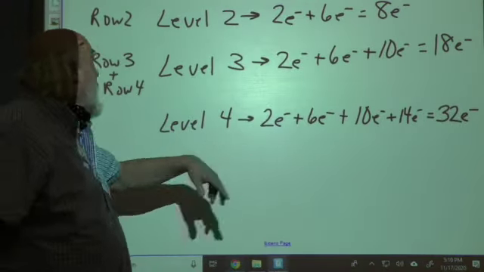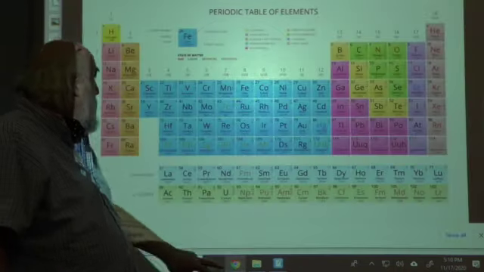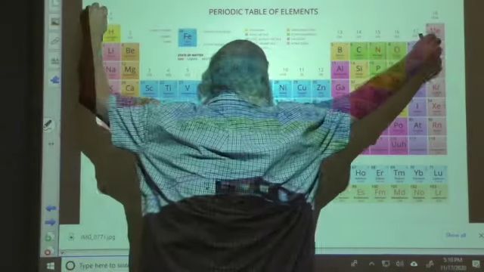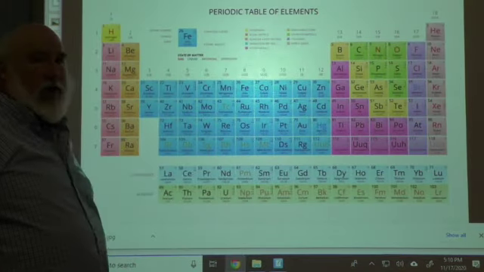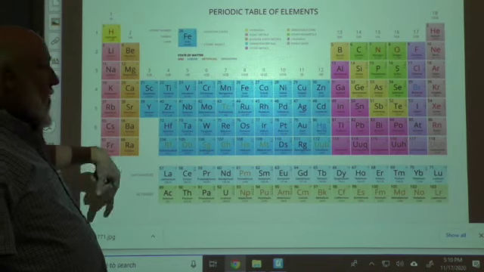Well, we know where the 2 is. The 2 is these first 2 columns right here, except for the first row, which are these 2 only found in the first row or first level. But all the others are found in this grouping of 2 on the left-hand side.